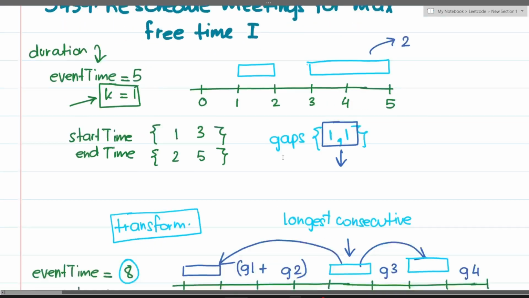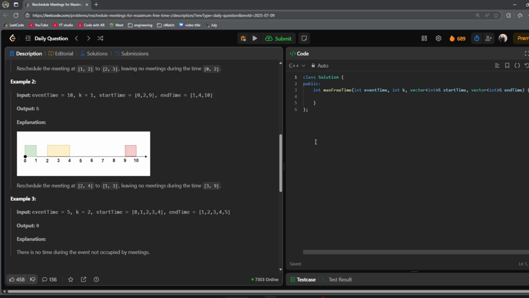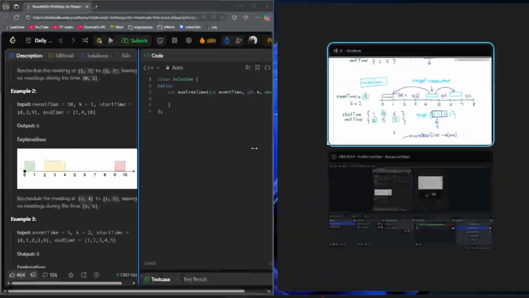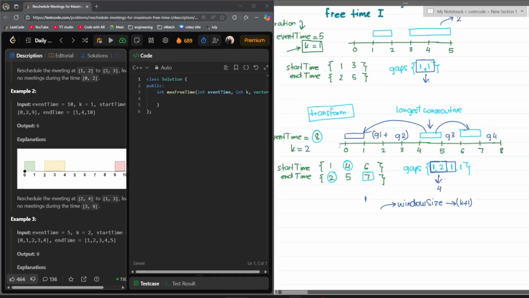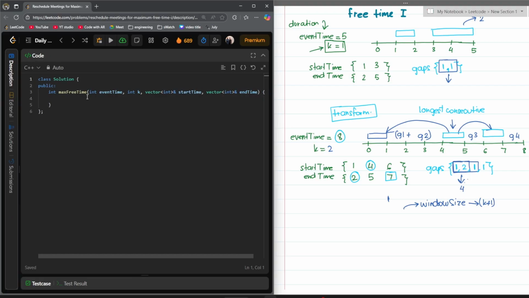So having said this, let's see now how we can take this particular approach into our code. Perfect. This works. Now, the first thing that I need to do is create the gaps array, a vector of int gaps.